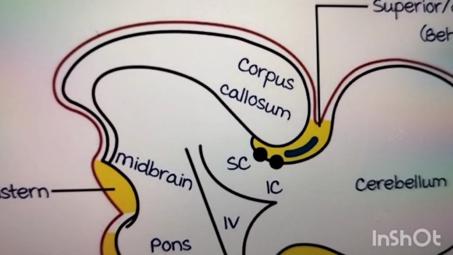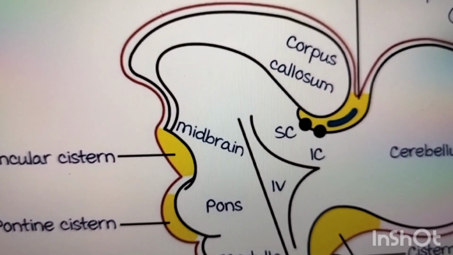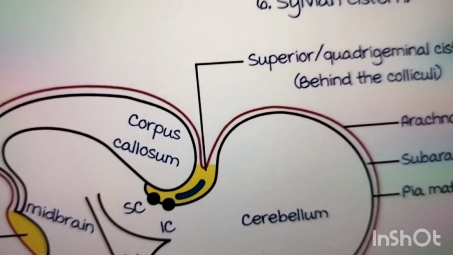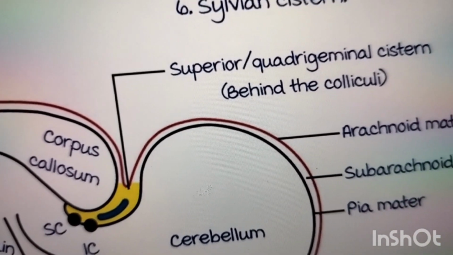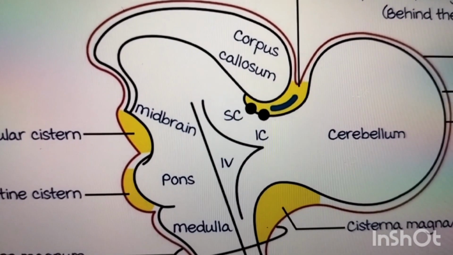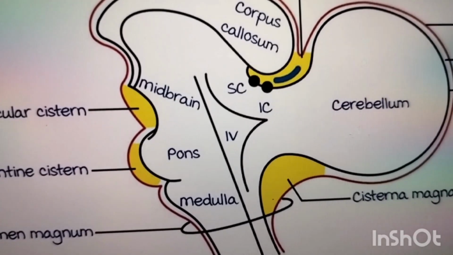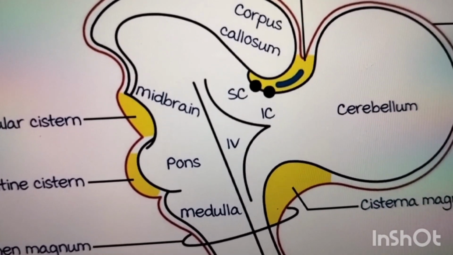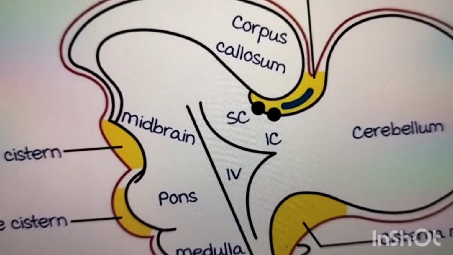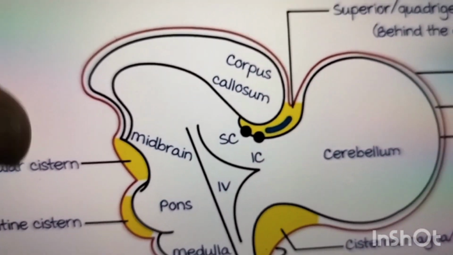The midbrain has a cistern in front, that is the interpeduncular cistern, and behind it the superior cistern. On the sides we also have cisterns on the midbrain, that is the cisterna ambiens. We'll discuss it in another picture.